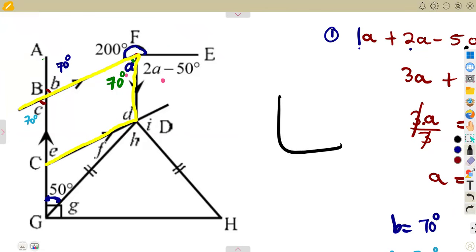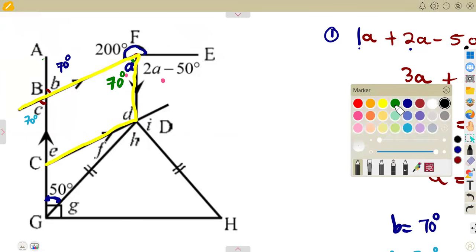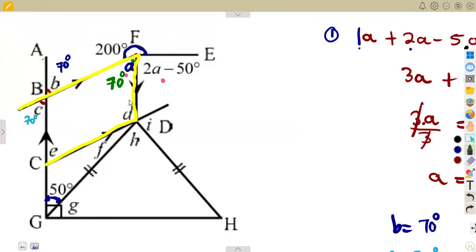So this angle at A and the angle at D add up to 180. They are supplementary.